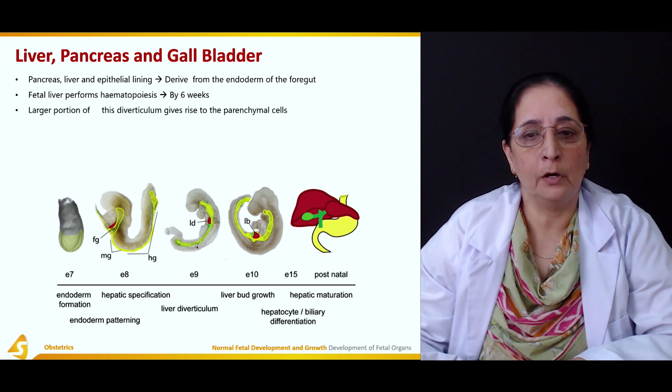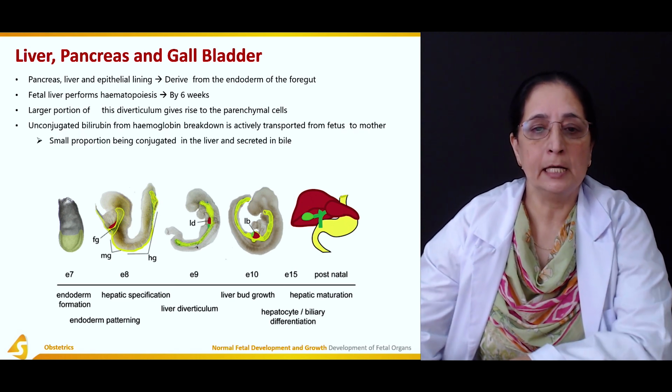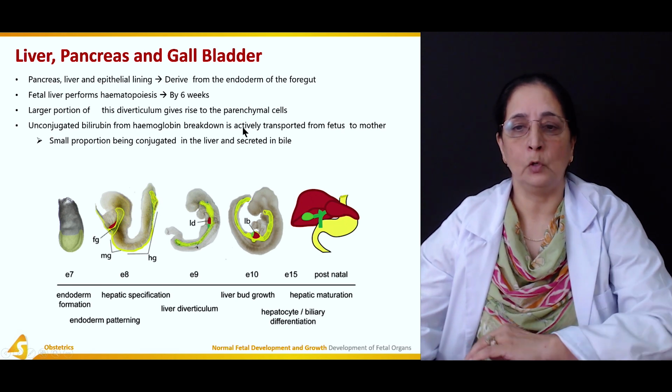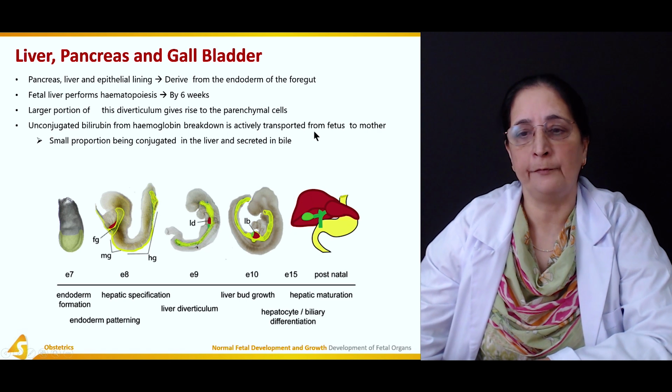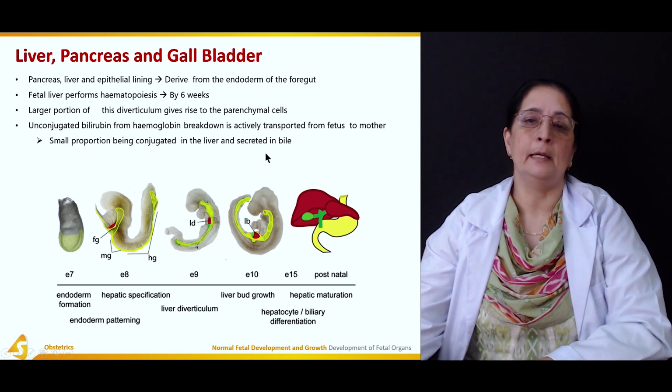Larger portion of diverticulum gives rise to parenchymal cells. Then unconjugated bilirubin from the breakdown of hemoglobin is transferred from fetus to mother. A small portion is in the liver and secreted in the bile.